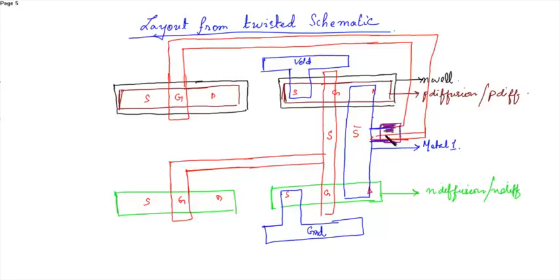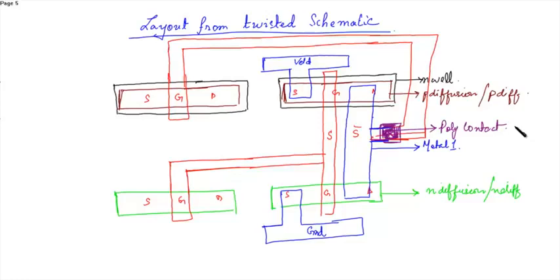So here this is the poly contact. When there is a connection between the metal layer and the poly layer, then you have to place a poly contact.